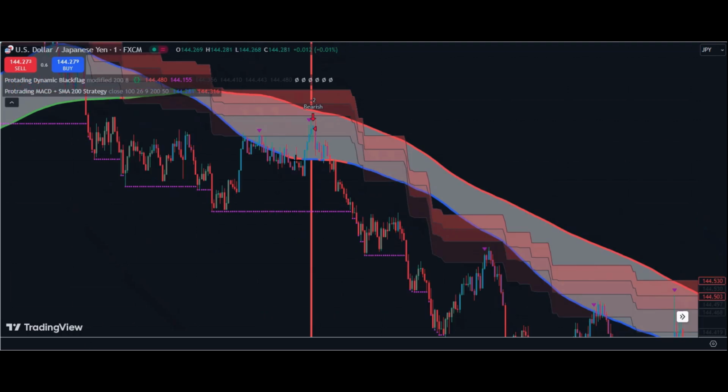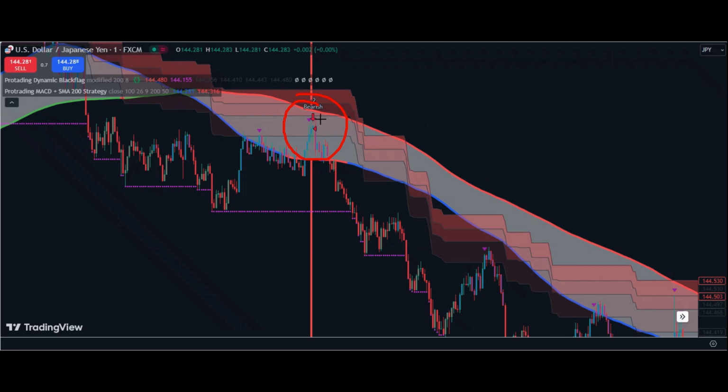Also, another trading opportunity with this setup, the strategy which we are discussing today: you see here our pro trading dynamics has already given a signal, and we already have a signal which is coming from the pro MACD. Here you have a signal generated by the pro MACD. So this is also a valid signal.